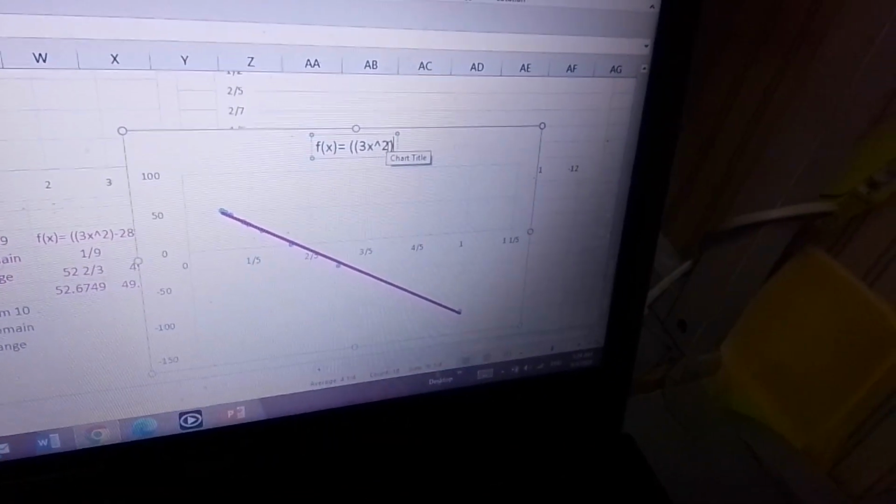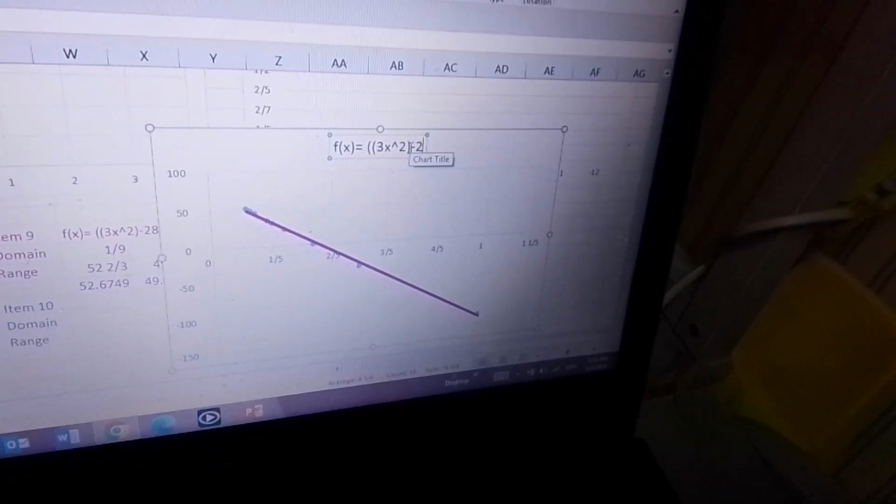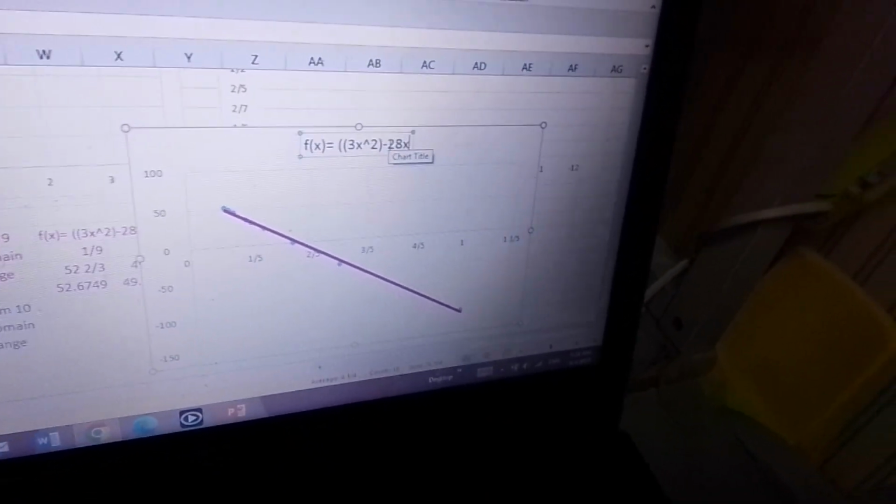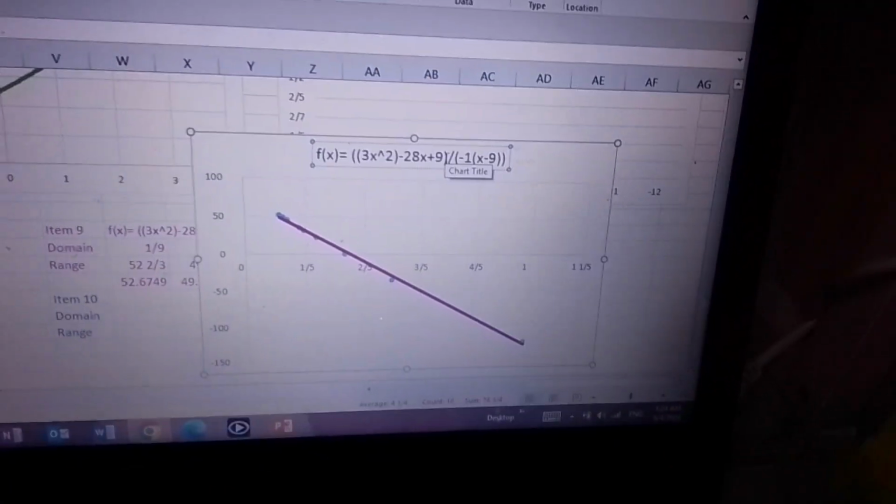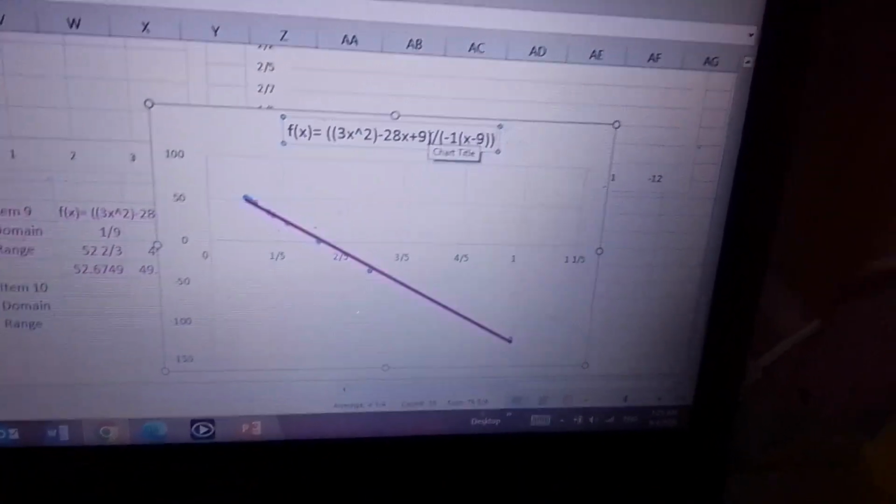And then minus 28 times x plus 9 close parentheses divided by negative 1 times x minus 9. Then close parentheses. That's it. So that's how the graph looks.